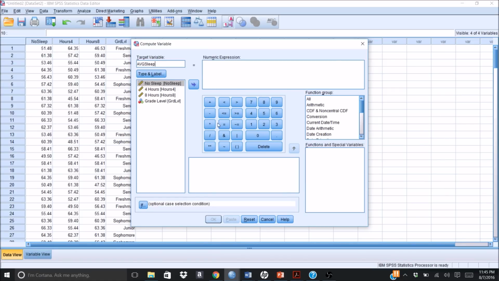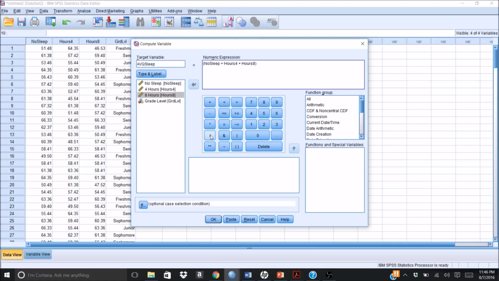And what I want to do, I'm going to put my parentheses here. I want to make my own average, so I want to add the three variables together. I want to do no sleep plus 4 hours of sleep plus 8 hours of sleep. And then I want to divide it by 3.